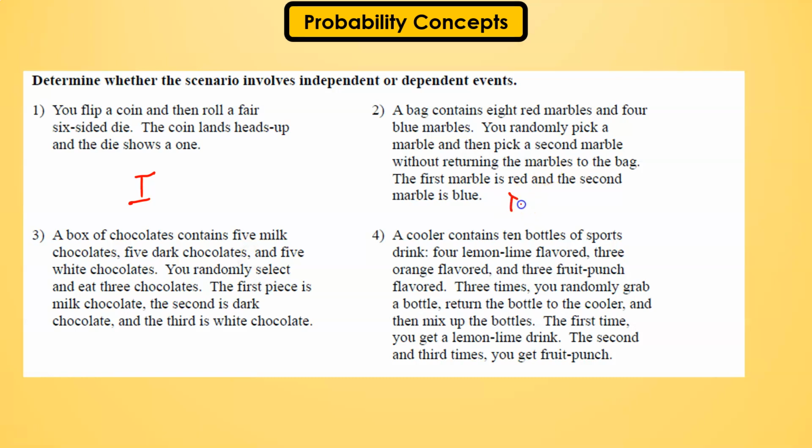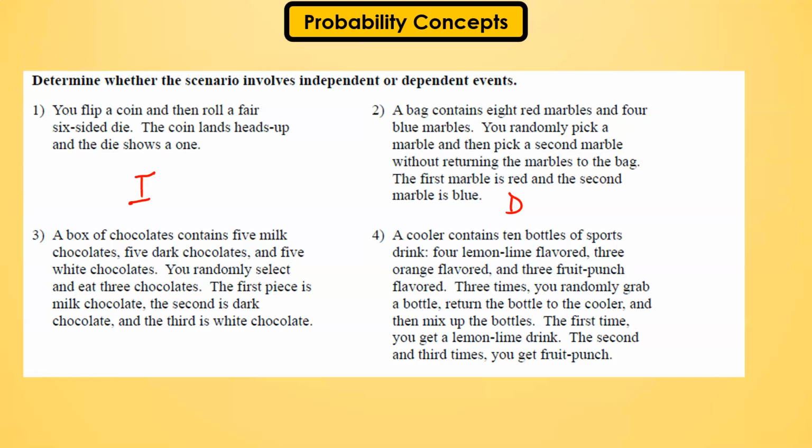Yes, it was, and they are dependent on each other. It's because we didn't replace the marble that we chose at the start. By taking a red marble out of the bag, suddenly there's a greater chance of getting a blue marble the second time. Had we chosen a blue marble to start with, there would be less of a chance of getting a blue the second time around. So they're dependent.